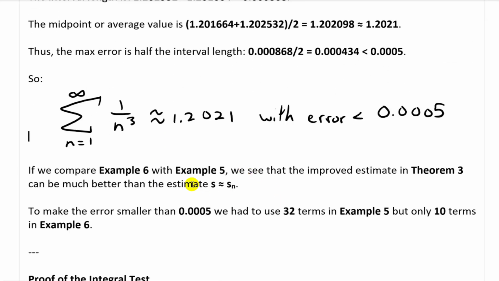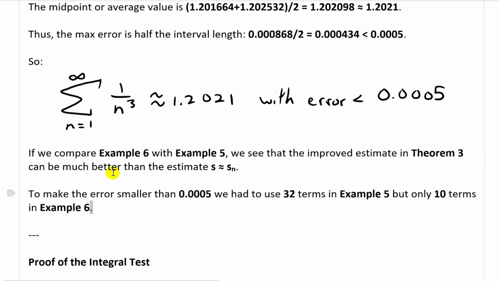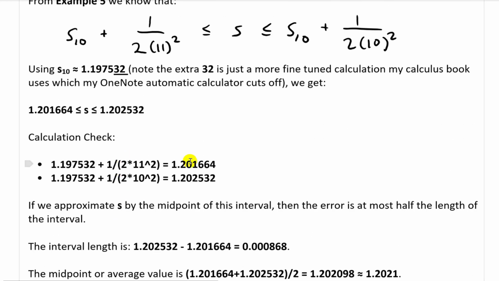If we compare example 6 with example 5, we see that the improved estimate in theorem 3 can be much better than the estimate that S is approximately equal to the partial sum Sn. To make the error smaller than 0.0005, we had to use 32 terms if we were just using Sn in example 5, but only 10 terms in example 6, because we found the error bounds, top and bottom, and took the middle.